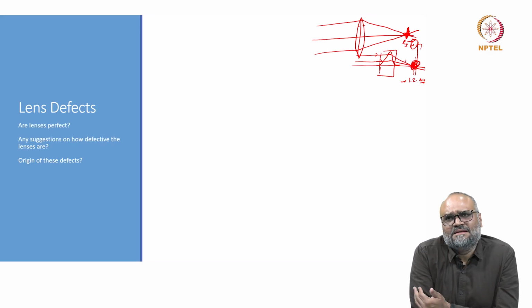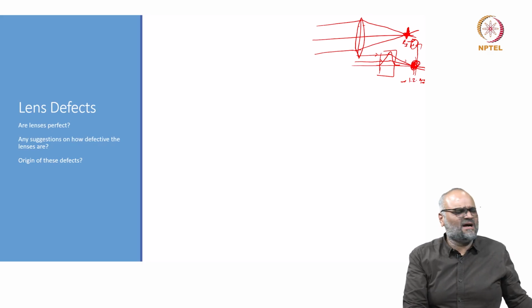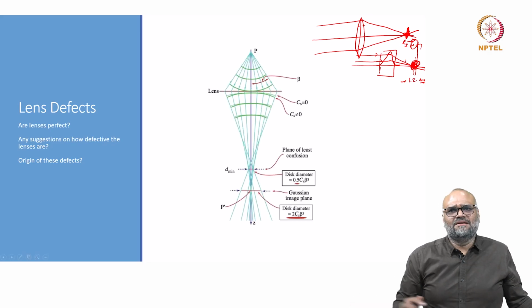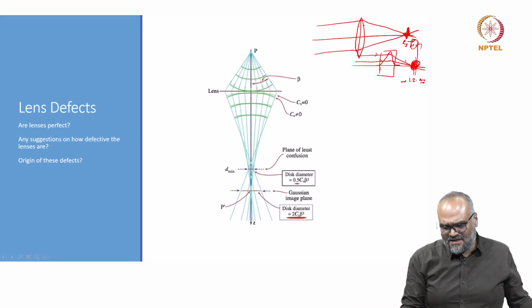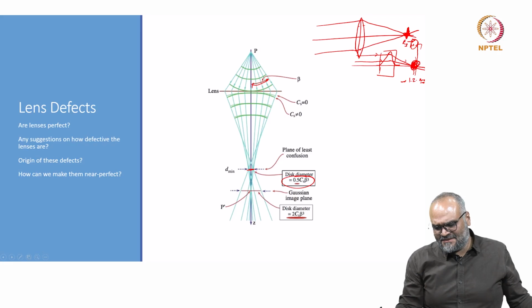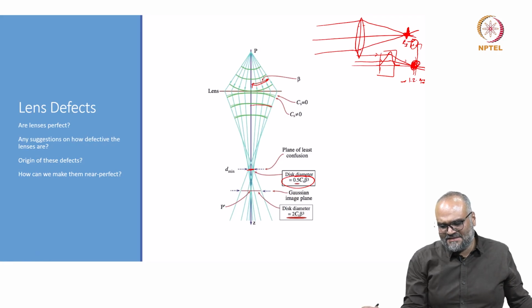But before that, I would simply like to draw an analogy with an optical microscope and mention that if I have a lens, it is typically defective and does not converge to a point. If I give this disk of confusion a diameter, it has a form like this. Beta is the angle of deviation or the angle of convergence here.